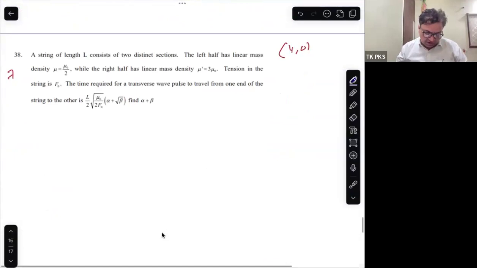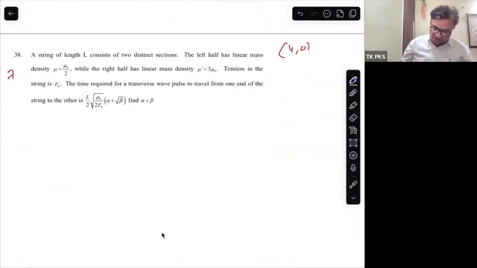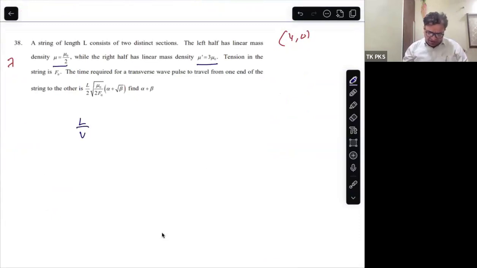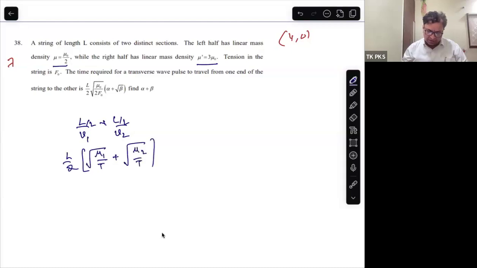Wow. A string of length L consists of two distinct sections. The left half has a linear mass density, fine. The right half, only thing is L by 2 by V1 plus L by 2 by V2. L by 2 common, if I take mu1 by T plus mu2 by T. Right. So L by 2 times, in fact, mu naught by, what is the tension?